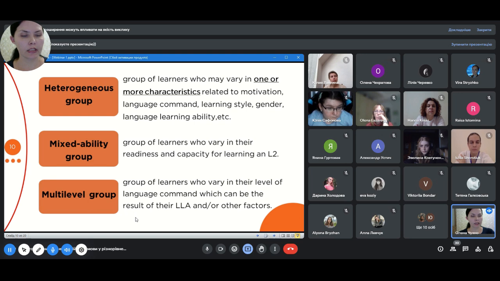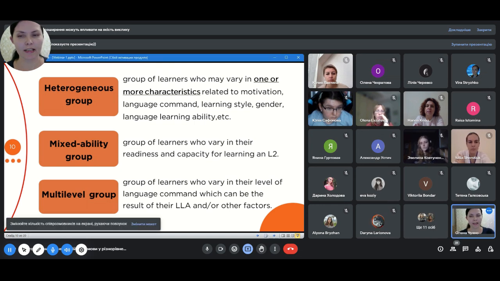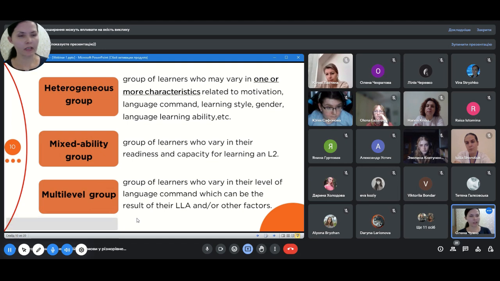So we are going to take into account only the level of our learners, because that is the factor that we can objectively measure. If we speak about cultural background, educational background, it's not easy to define, it's not easy to identify with the help of some criteria and so on, but we can define our students' level at least.